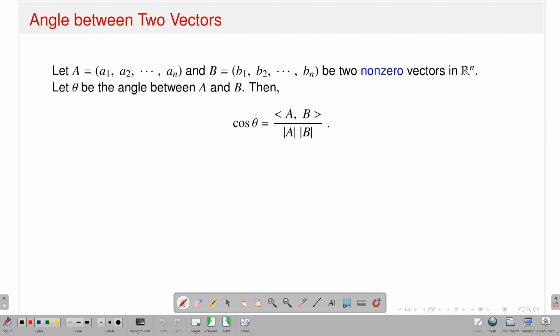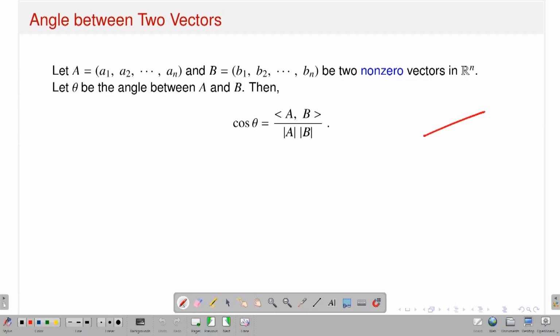This dot product, or inner product, gives a way to define the angle between two vectors. Let A equal A1, A2, ..., An and B equal B1, B2, ..., Bn be two non-zero vectors in Rn. Let theta be the angle between A and B. Suppose in R2 I have two vectors, this is A, this is B, and this is the angle theta.